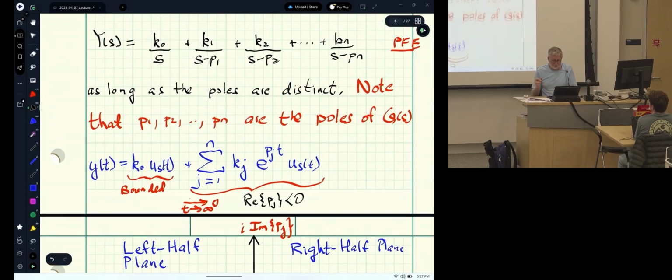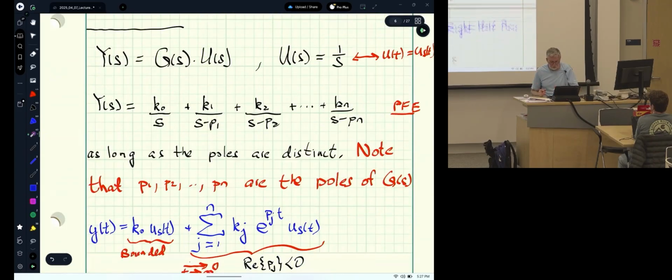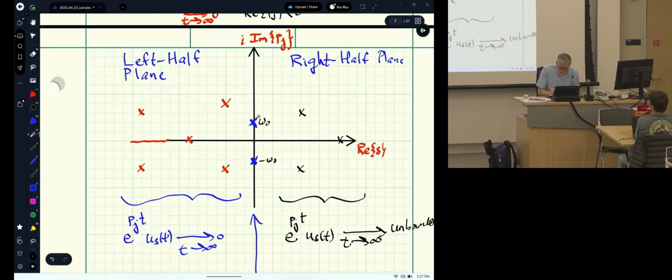You take the bounded input, instead of making it a unit step, you let it be a sinusoid of the same frequency of a pair of poles sitting on the imaginary axis. The inverse Laplace transform is t times sine omega t. And that's growing, and that's not good.